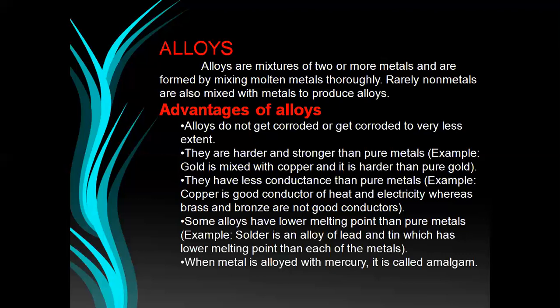So next, pure metals are good conductors of heat and electricity, but alloys have only medium conductance of heat and electricity. Some of the alloys have a lower melting point than pure metals.